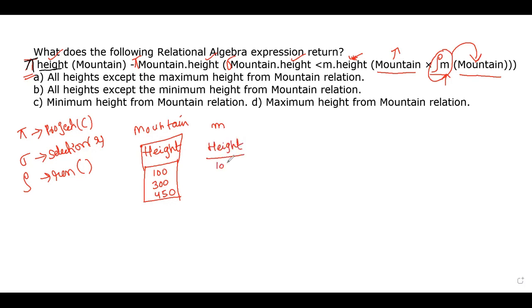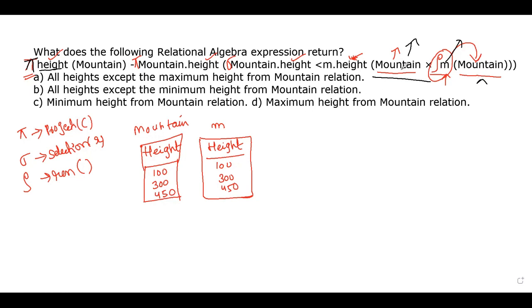The data is the same: 100, 300, 450. So till now, we finished until here. Yes or no? Yes. We created the mountain table and we created M, with a rename of mountain with M.